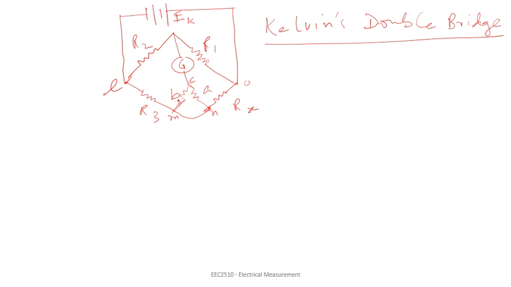The second set of ratio arms is also present here, this A and B. That is why it is called a double bridge, as compared to a normal Wheatstone bridge arrangement. So there are two sets of ratio arms in this Kelvin's double bridge arrangement.